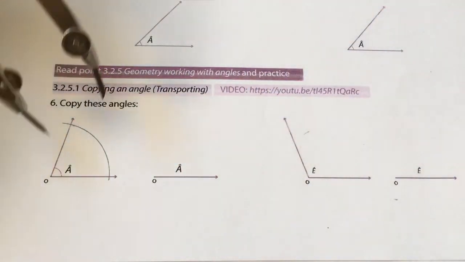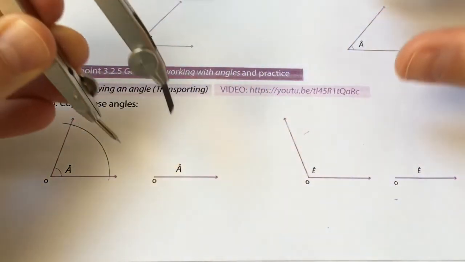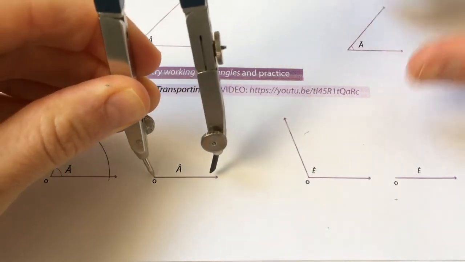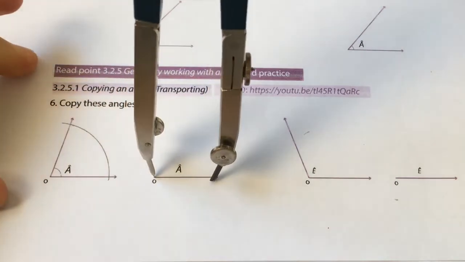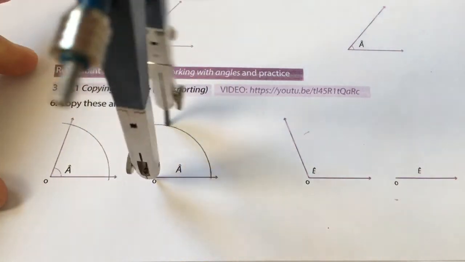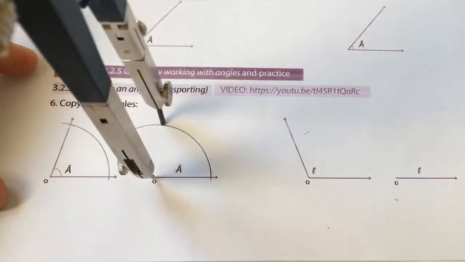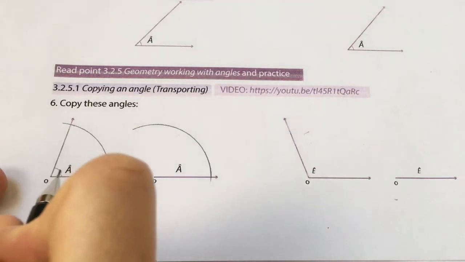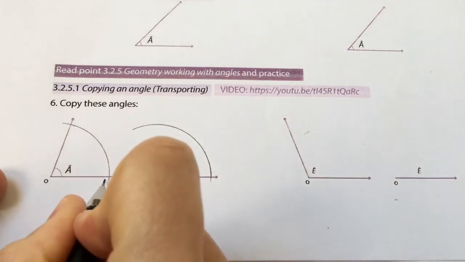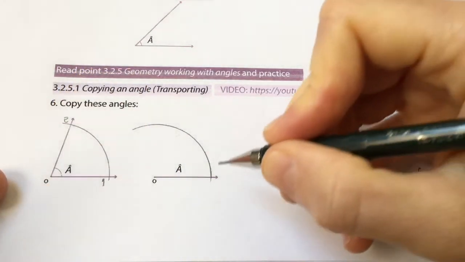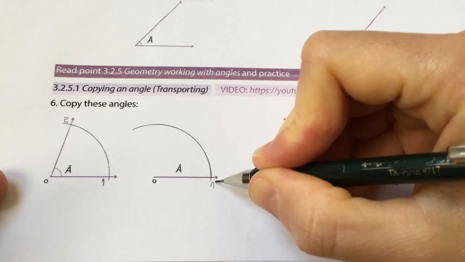Exactly with the same measurement, you will set the point of the compass at the end point of the ray at O, and you will construct the same arc. Draw it big enough if you are not sure how big it is. The arc on angle A intersects the rays at points 1 and 2. This is already point 1 prime.